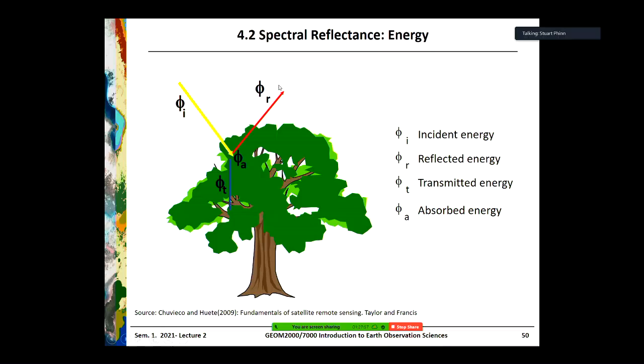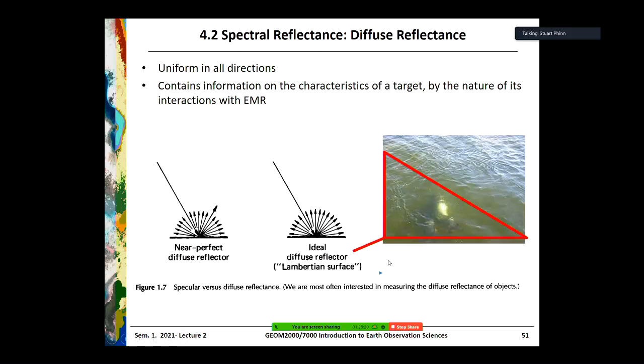So are you looking straight down or are you looking at an angle? And then there's also the angle that you illuminate it with light at. And so any measurement in a pixel is sensitive to both of those things. And that's a bit of a pain in the butt for a range of reasons, as I'll show you in a minute.